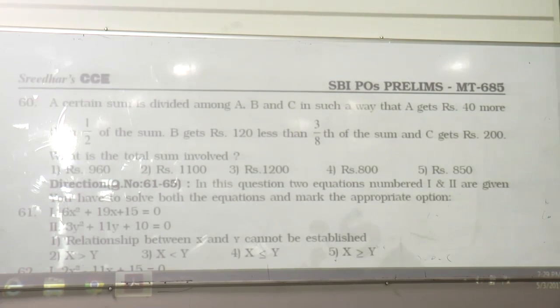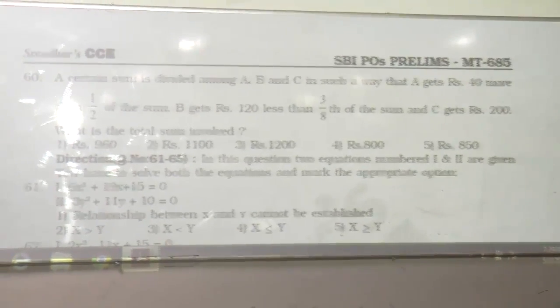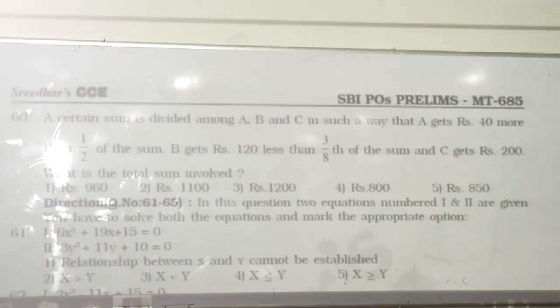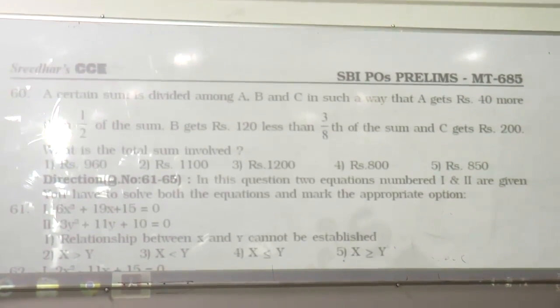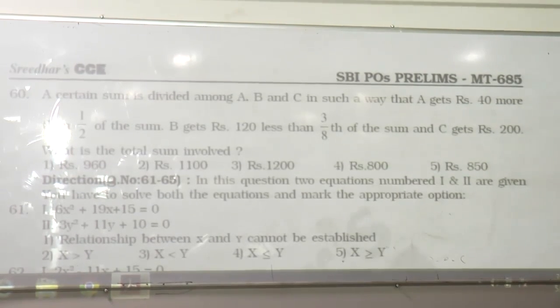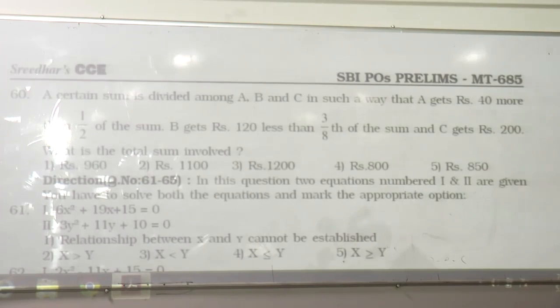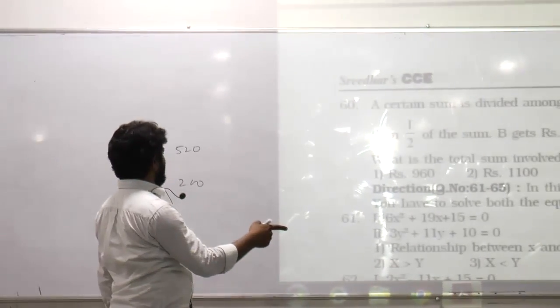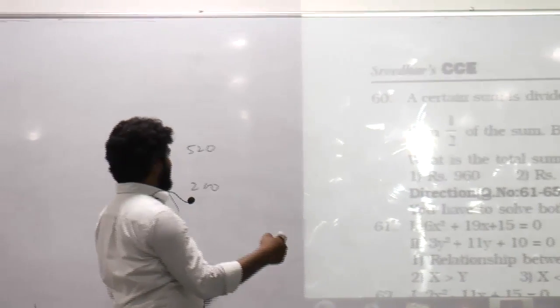Can be your answer, yes. Second option and fifth option cannot be your answer. First, third, fourth, 3 possibilities. Let me go for it. 480, 40 more, 520. 200, 120, 120, 300.